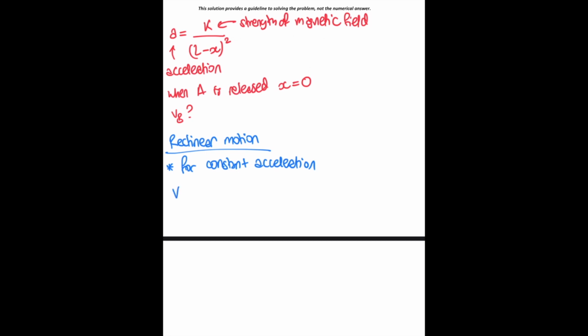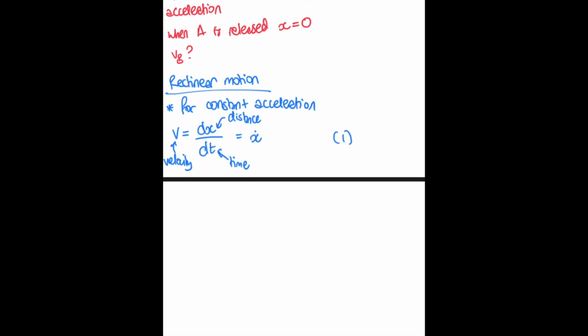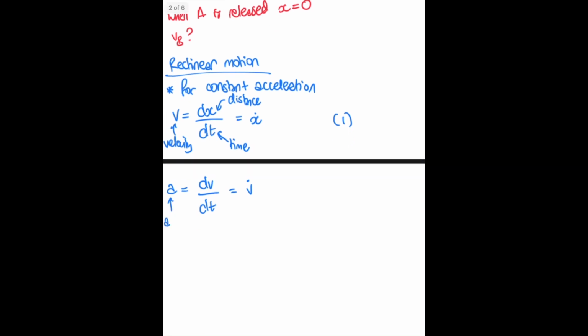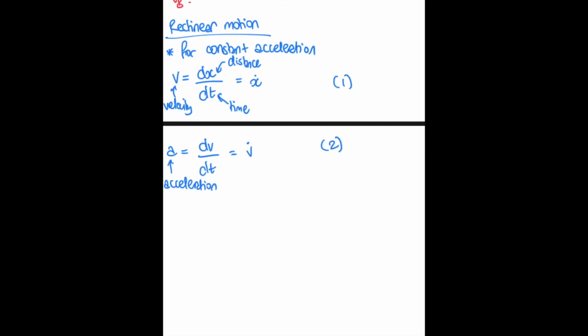Our first equation is v is equal to dx over dt, where v is the velocity, t is time, and x is the distance. So it's basically the derivative of x, or x dot. Our second equation is a, acceleration, is equal to dv over dt, which is the derivative of v, or v dot.